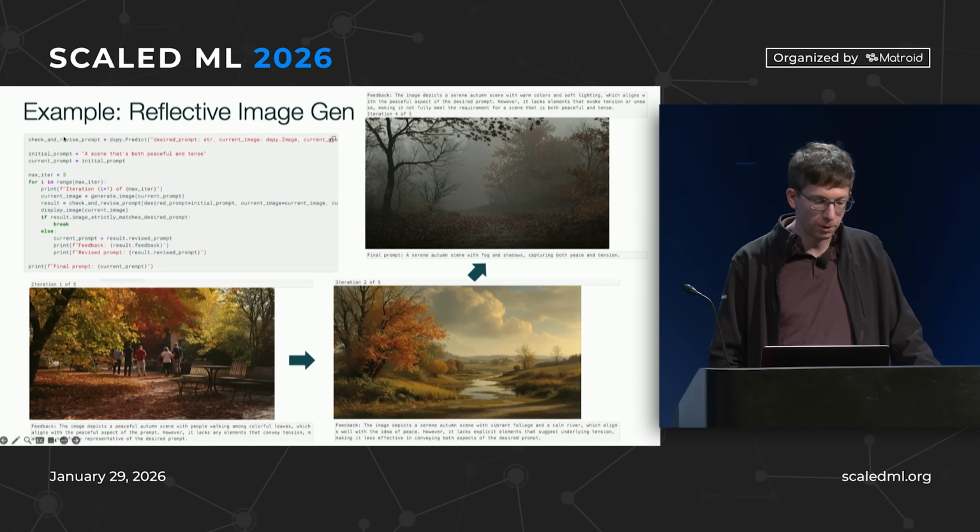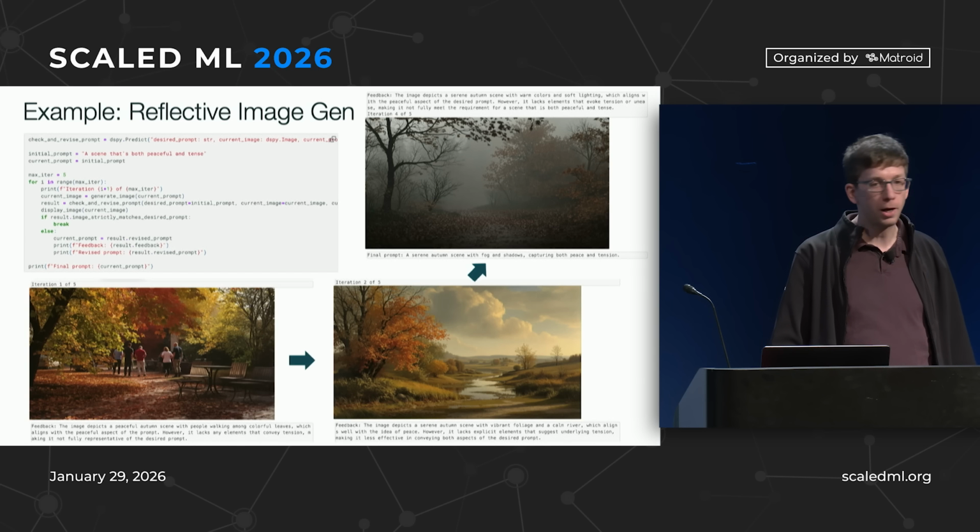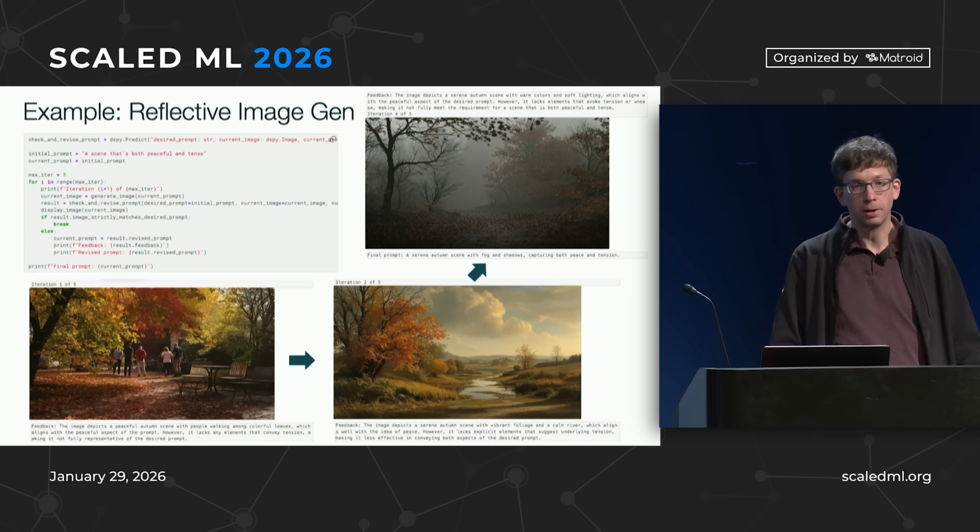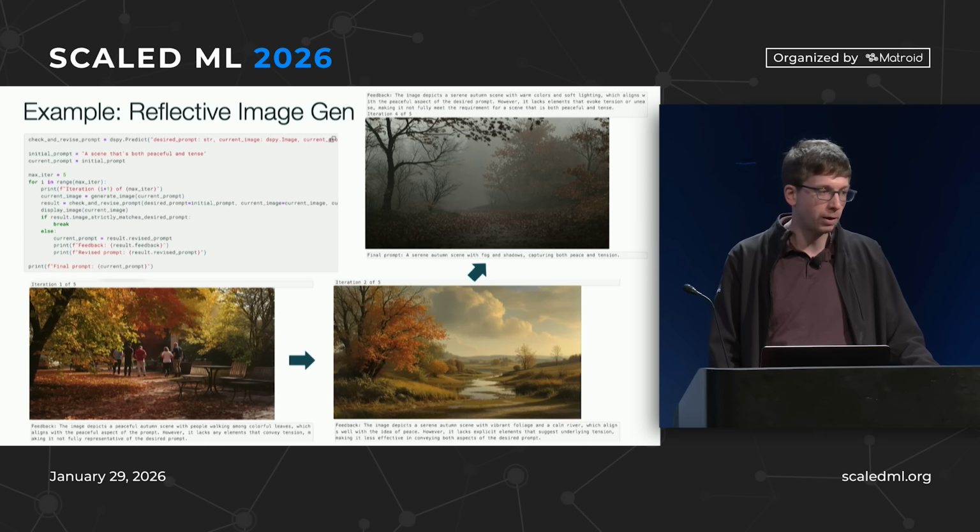So this is how it looks. If I ask for a scene that's both peaceful and tense, the first one it gets is this. It decides to write something about a scene in autumn, which is nice, but doesn't really seem that tense or that peaceful for that matter.